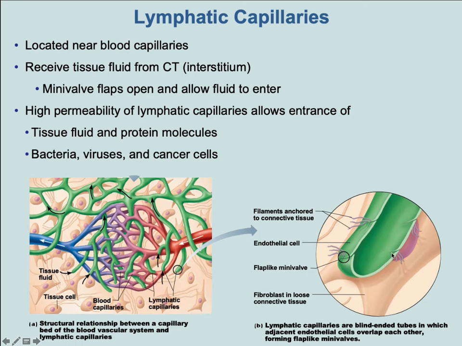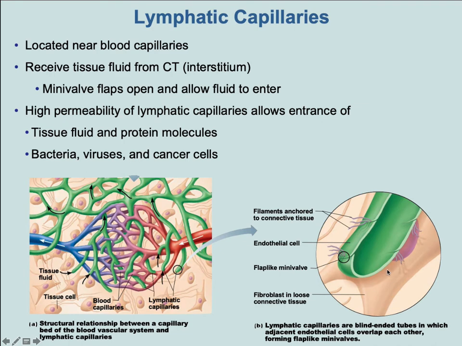That means there are gaps in between these cells forming the wall of the lymphatic capillary. Also, the edges of those adjacent cells overlap, forming easily opened mini valves. There are filaments of collagen that anchor those endothelial cells to the surrounding connective tissue.